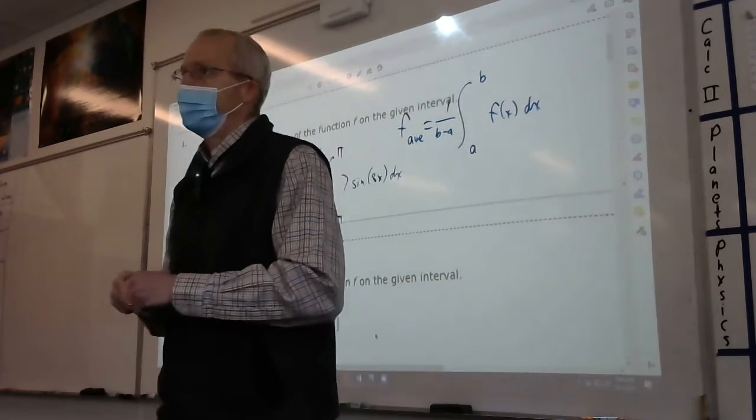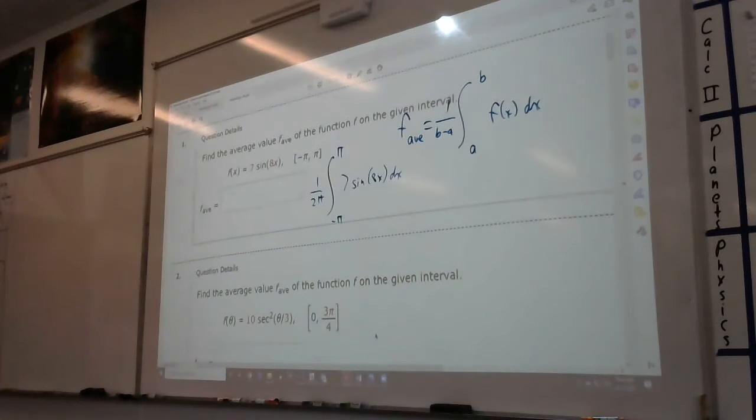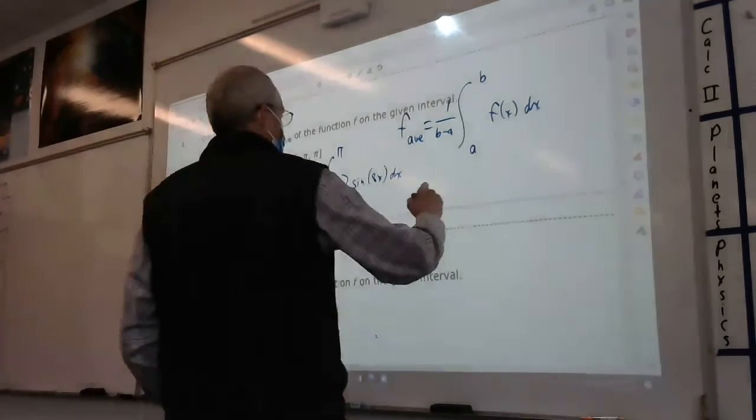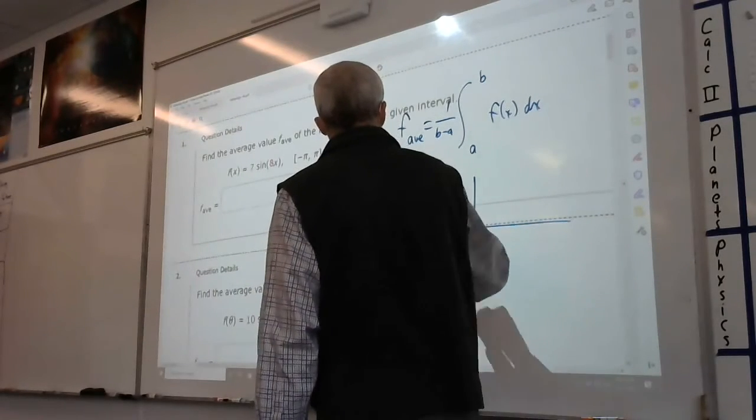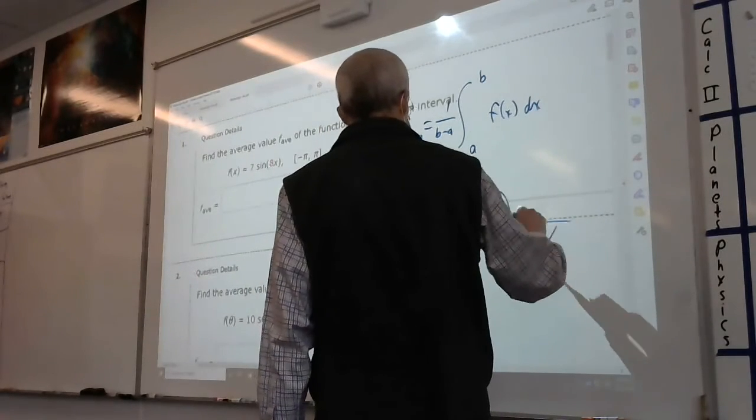Now, it is okay to cheat. It's okay to use symmetry right away. I know what this answer is, and you should too. What's the answer? Think about what a sine wave looks like. The sine wave is the same on the negative side, but it's negative.